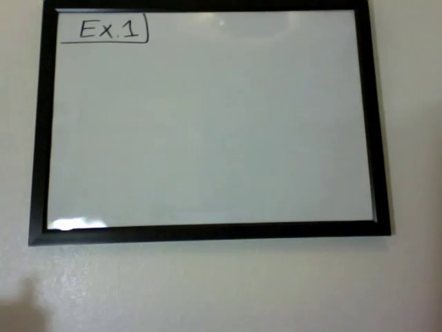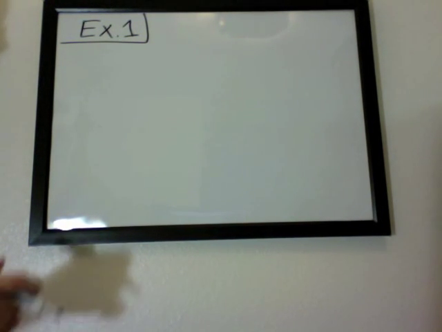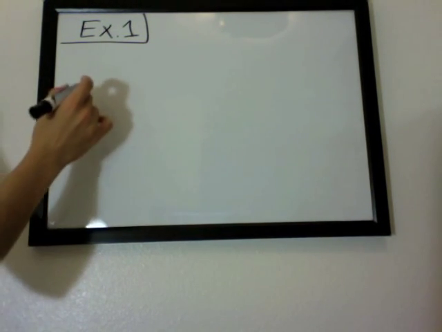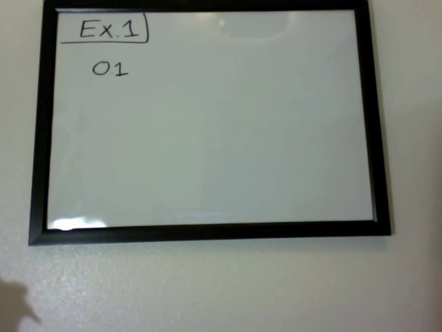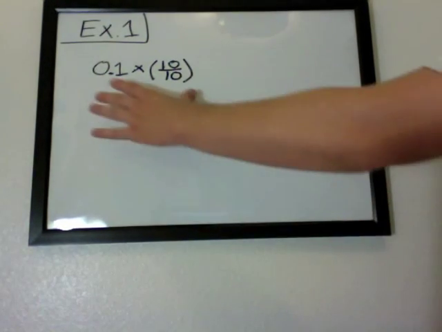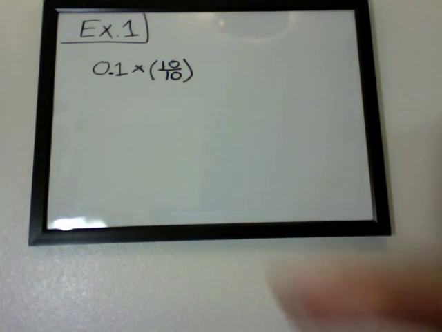Example 1. In this example, we'll talk about making decimals into fractions. The first decimal that we're going to change is 0.1. To change this into a fraction, we're going to multiply it by 10 over 10, which is just 1. So multiply 10 over 10. If you change this the way it looks right now into one fraction, it would look like this.